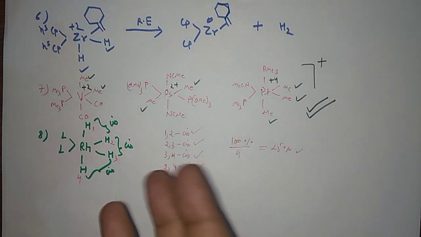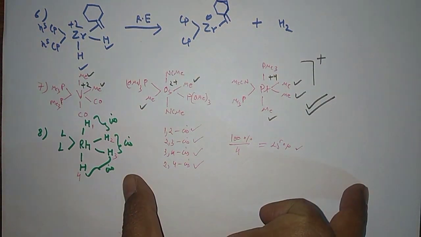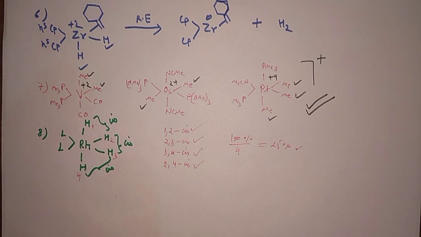Especially in the 4 marker question, they will give you 4 steps. In these 4 steps, one would be oxidative addition, another would be beta hydride elimination, then the next would be a migration reaction, right? So you have to apply all the knowledge you are gaining through the lectures, and then solve the problems.